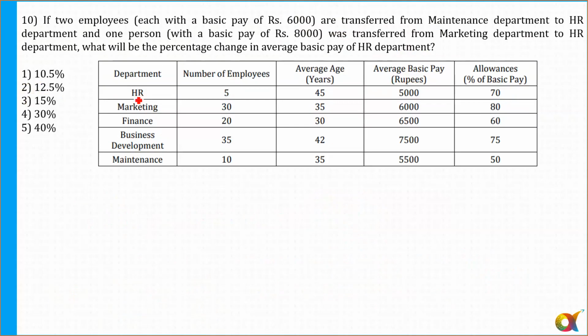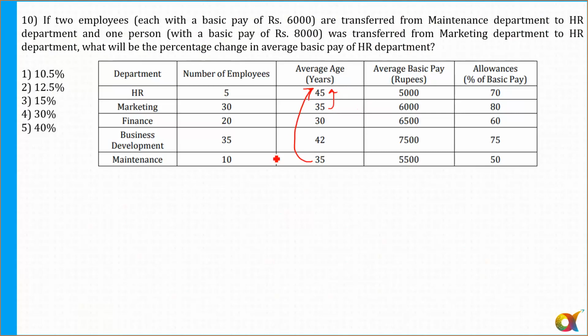Now it says: if two employees, each with a basic pay of 6,000, are transferred from maintenance to HR, so 2% is moving from maintenance to HR, and 1% with a basic pay of 8,000 was transferred from marketing to HR, what will be the percentage change in the average basic pay of the HR department?